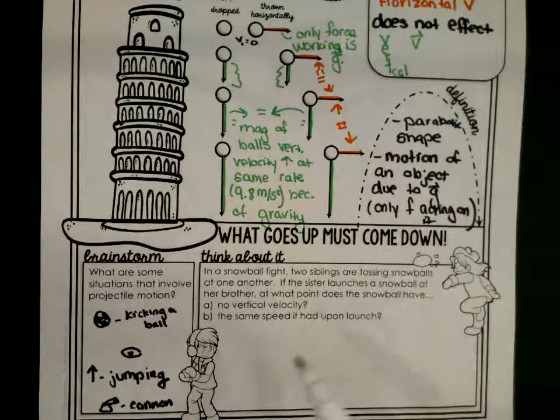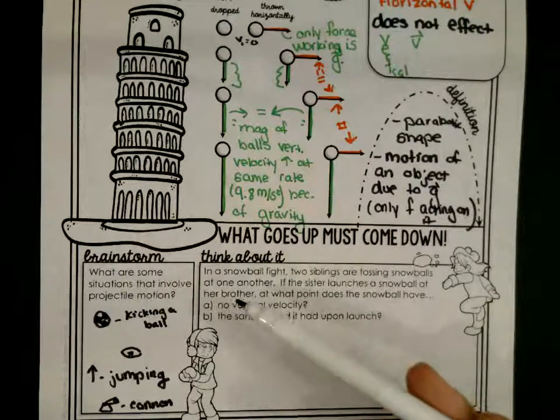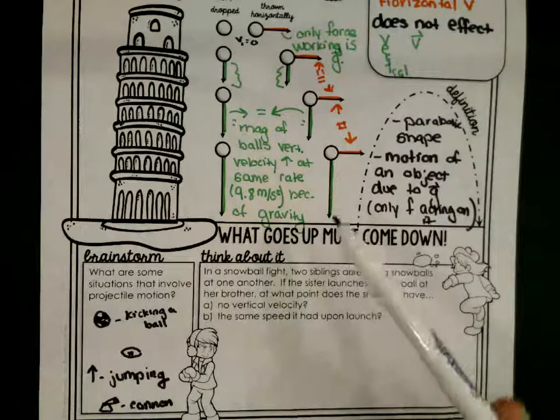So let's think about it. We have a snowball fight with two siblings that are tossing snowballs. If the sister launches a snowball at her brother, at what point does the snowball have no vertical velocity? So at what point, after she throws that snowball, is it going to stop reaching vertical velocity?